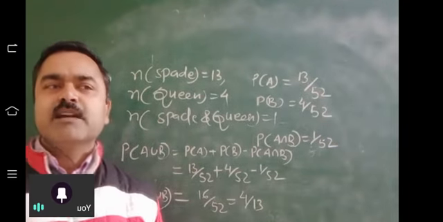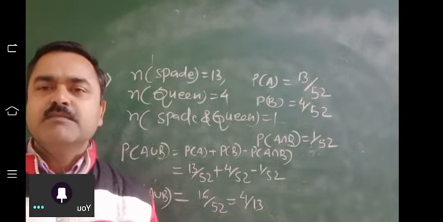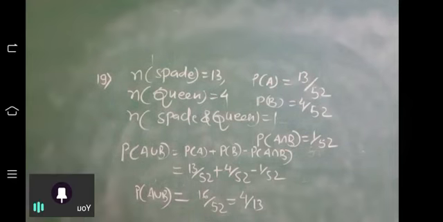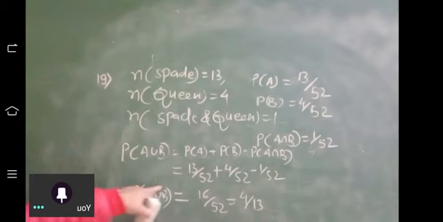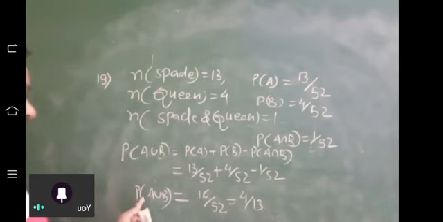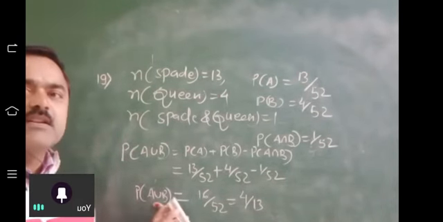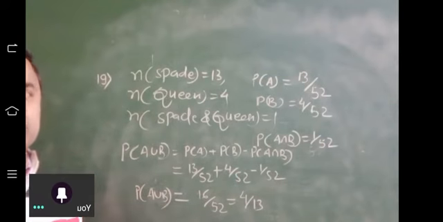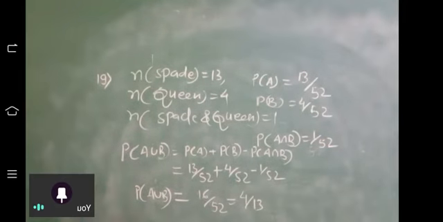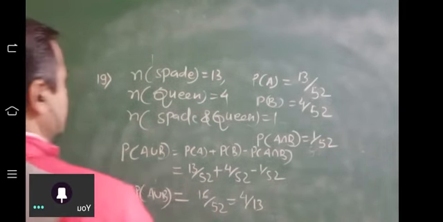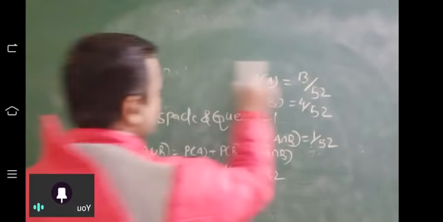neither spade nor king, then subtract from 1. ठीक है? So if you subtract, so that will be a bar sign here. Probability that it is neither spade nor king, union bar. ठीक है? इसकी कॉम्प्लीमेंट लेंगे. So the probability, यहाँ से आप क्या करोगे?